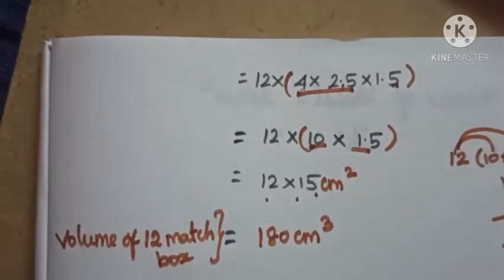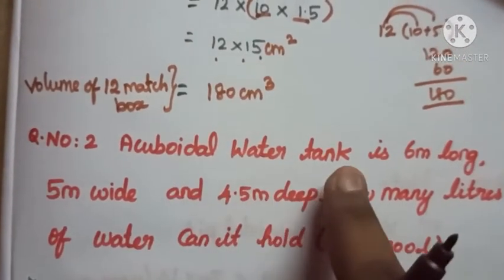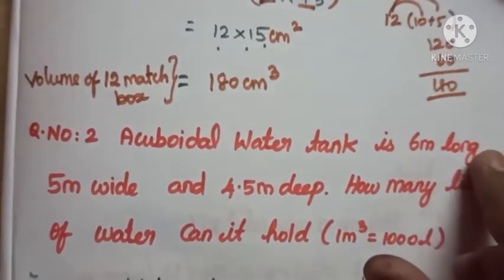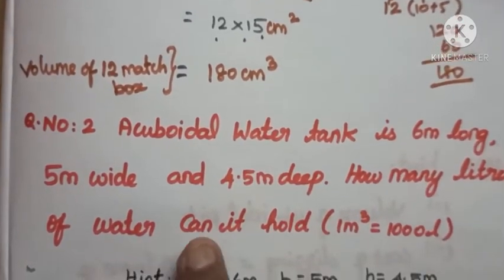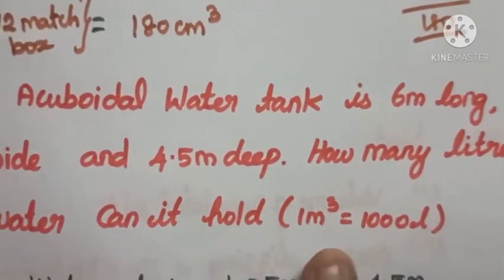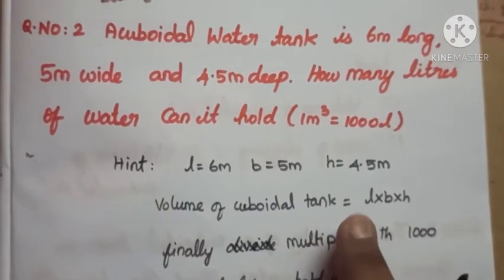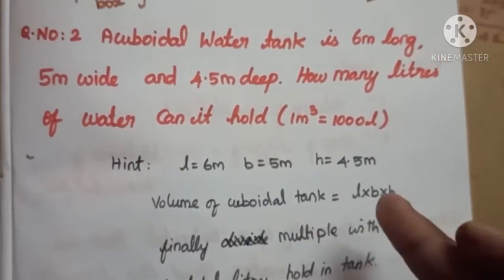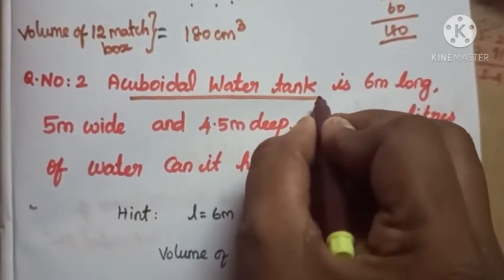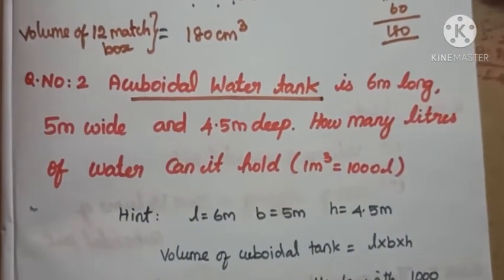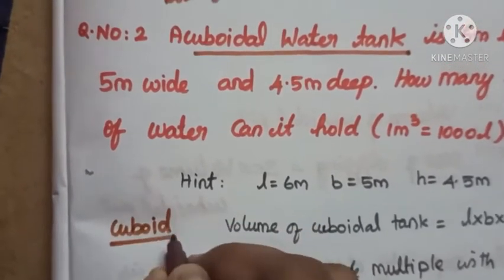Next we move on to question number 2. A cuboidal water tank is 6 meter long, 5 meter wide and 4.5 meter deep. How many liters of water can it hold? 1 meter cube is 1000 liter. I am just giving a hint, because you must do this as homework. The hint is that they directly give that this is a cuboidal water tank. So what is the shape of the tank? It is a cuboid.